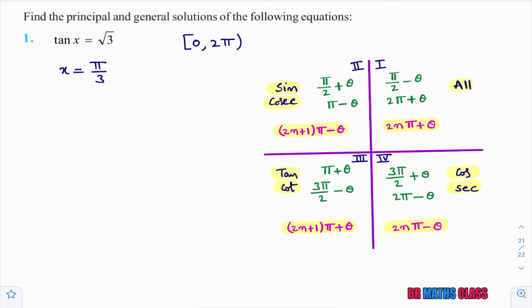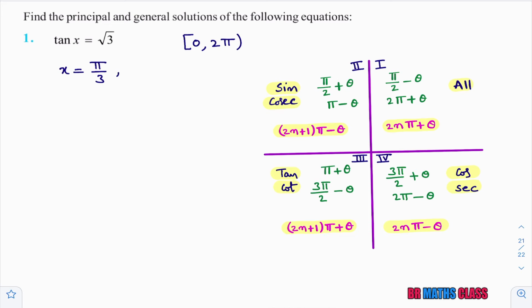Similarly, you can find another principal solution in the third quadrant, because tan x is positive in the first quadrant as well as in the third quadrant. You see, 60 degrees lies in the first quadrant. To find the value which lies in the third quadrant, observe that in the third quadrant, pi plus theta is there, and tan theta is positive.